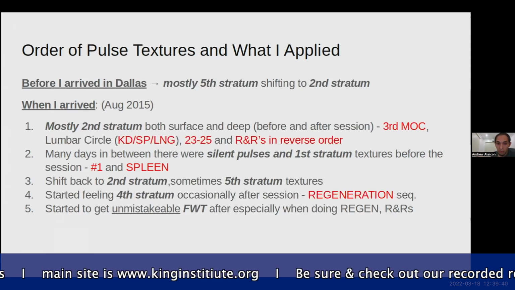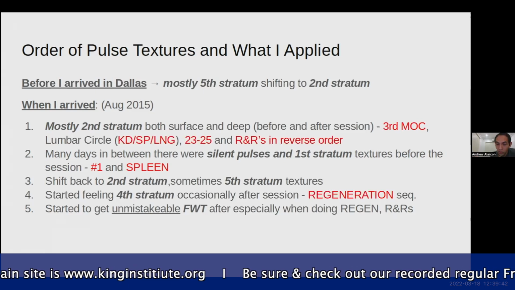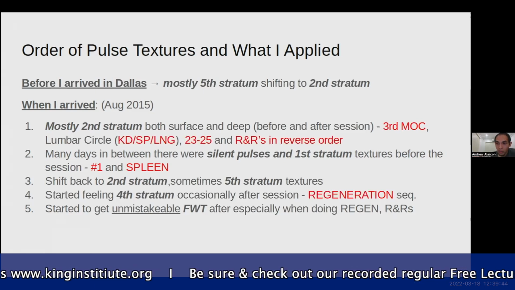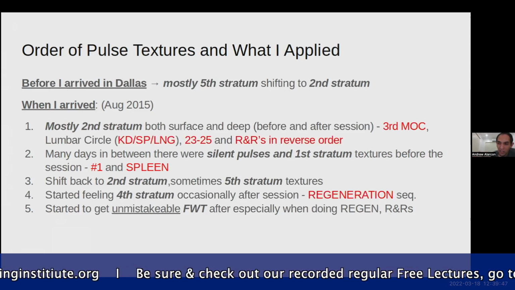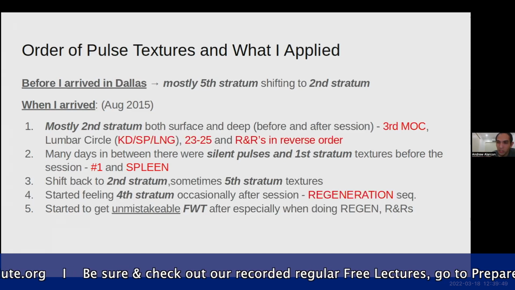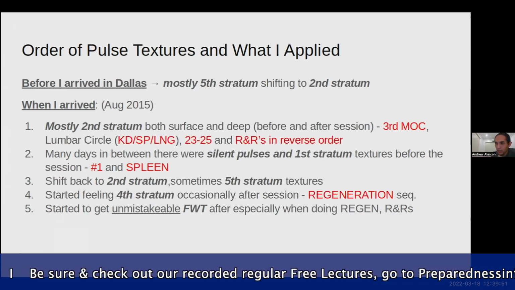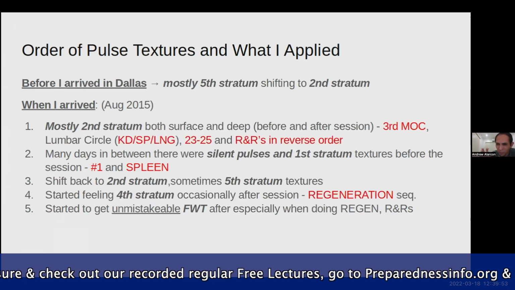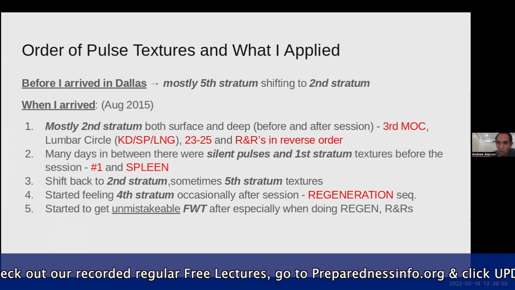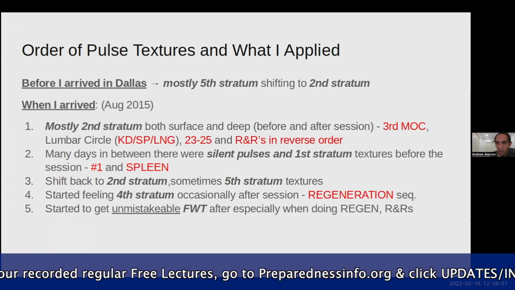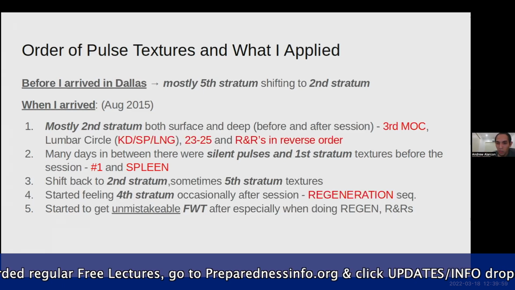I know it's definitely not fourth stratum, because fourth stratum is a lacking sensation. Sometimes you're not really sure that there's a texture there, but something comes out once in a while. It's not silent, but something seems to pop out once in a while.